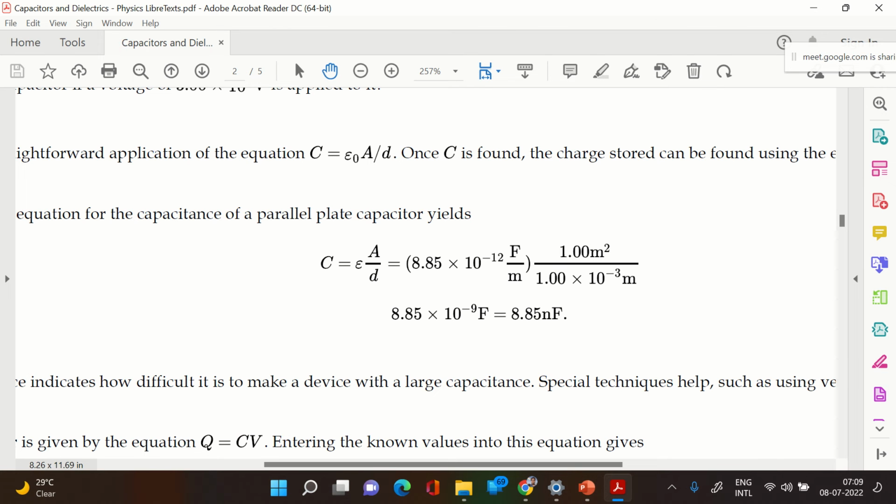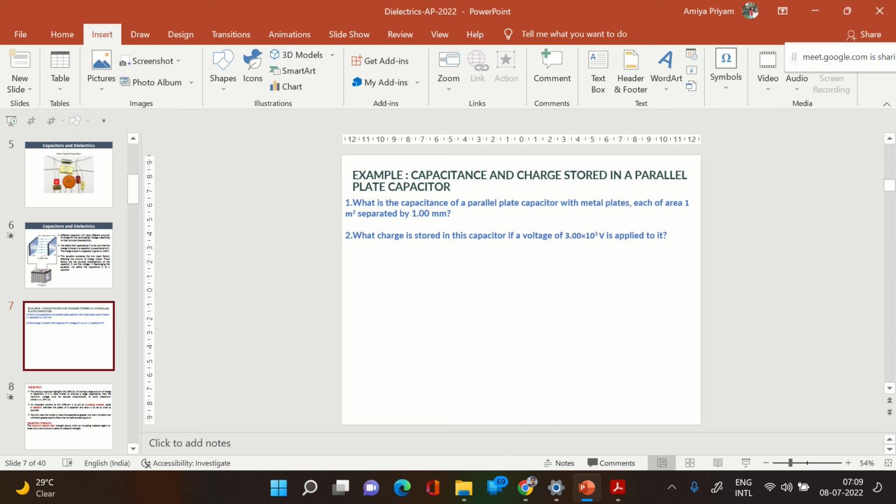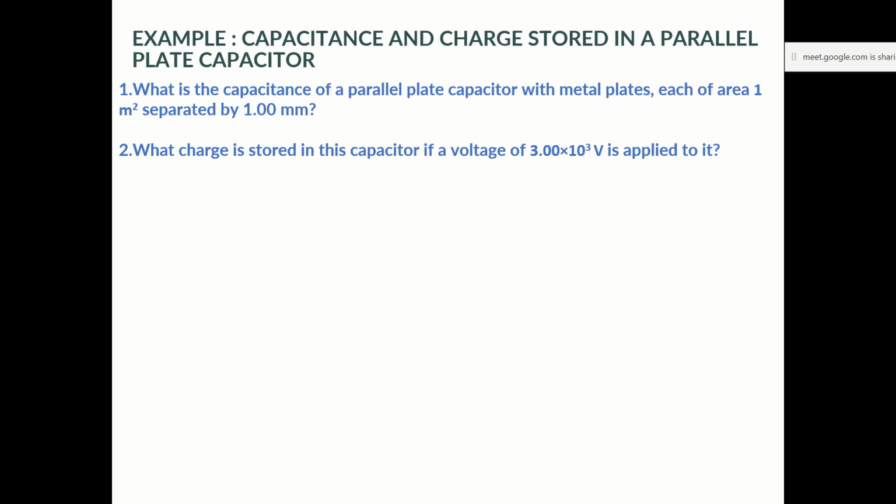There comes the role of the material that you place between the two plates. Practically, it is difficult to increase the size of the plates and keep the distance small, and still you are not able to store enough charge to make any particular device work.